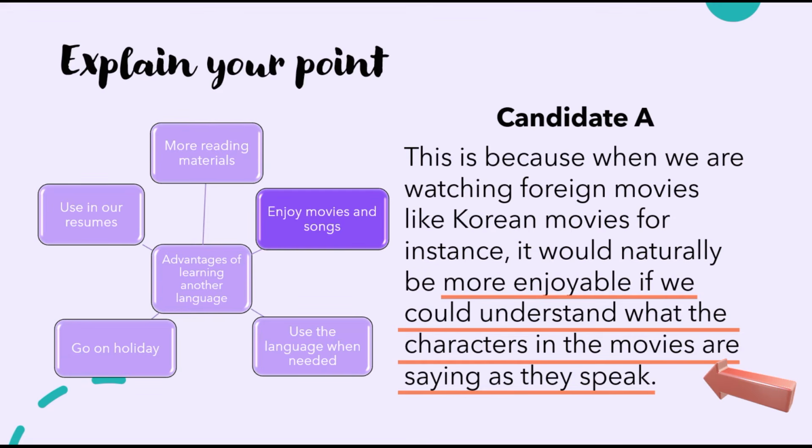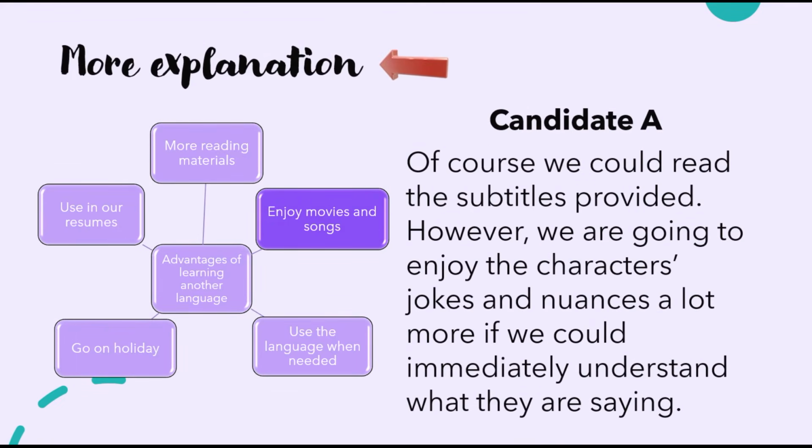The candidate then gives more explanation. Of course, we could read the subtitles provided. However, we are going to enjoy the characters' jokes and nuances a lot more if we could immediately understand what they are saying. Nuances means the slight changes and differences that could be seen in the characters. I want to highlight these 2 things here. The first is the use of course.